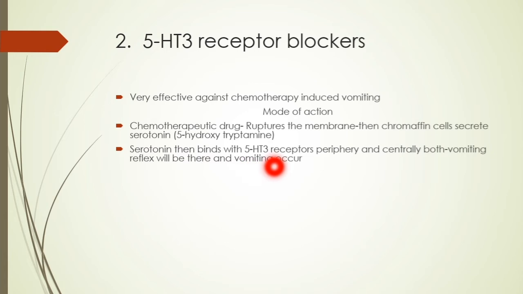Serotonin then binds with the 5-HT3 receptors peripherally and centrally. 5-HT3 receptors are present at three sites in our body. One is peripheral, at the vagal nerve, and centrally it is present at two places, the CTZ and the VC. The vomiting reflex will be triggered and vomiting occurs.